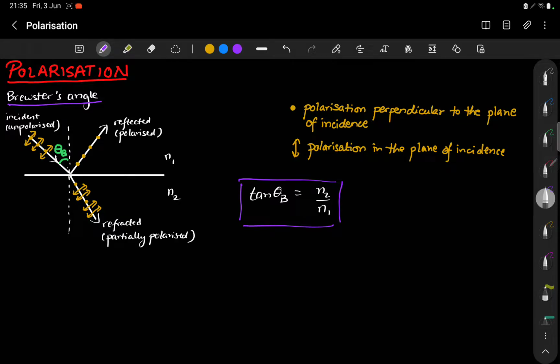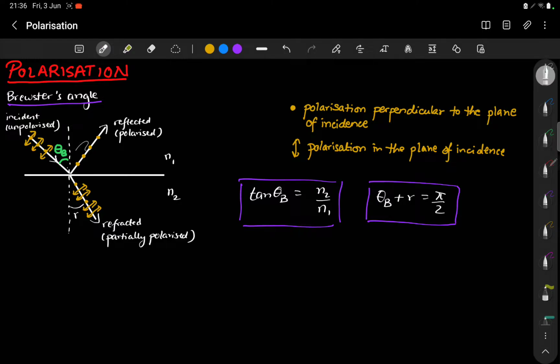Another important feature is that if we consider this angle of refraction to be, let's say, R, then we have another relation. So this is another relation.